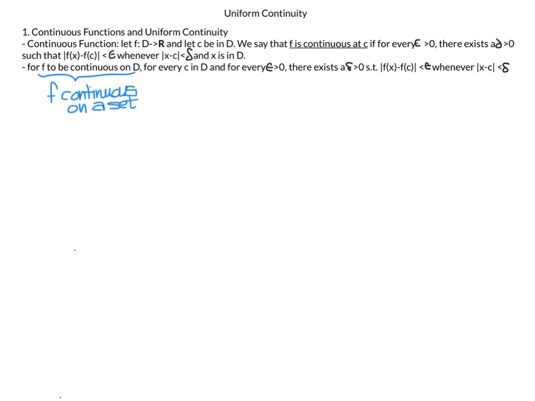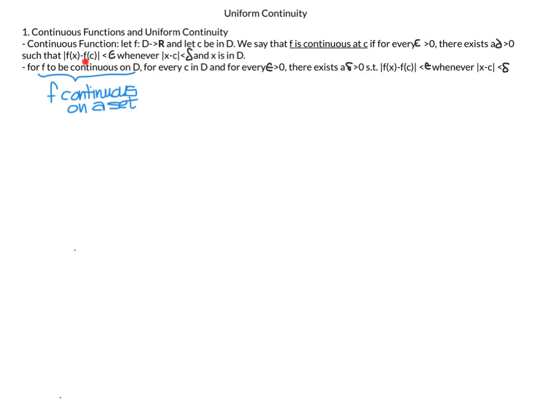We hadn't emphasized the definition of what it is for a function to be continuous on a set, or f to be continuous on a domain D. But it's important now that we're talking about uniform continuity that we understand this definition better.